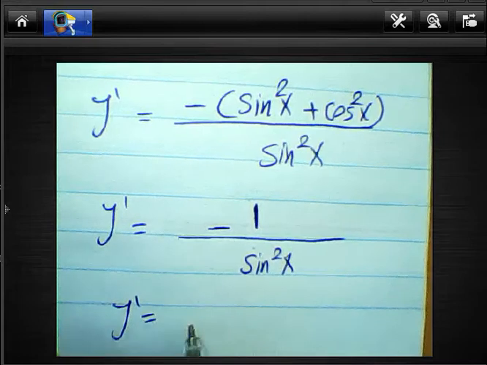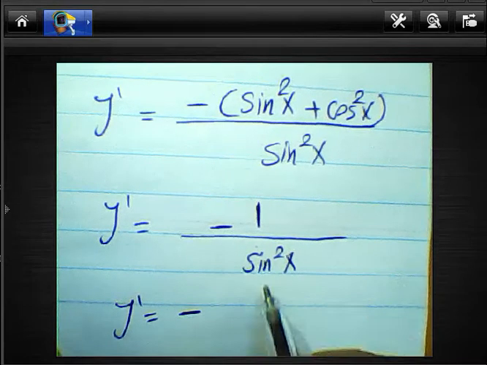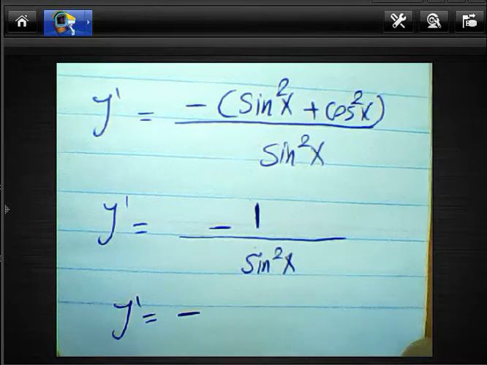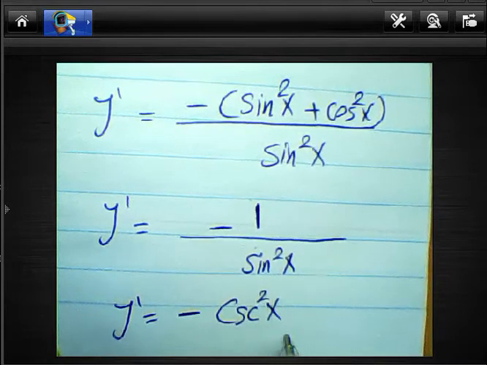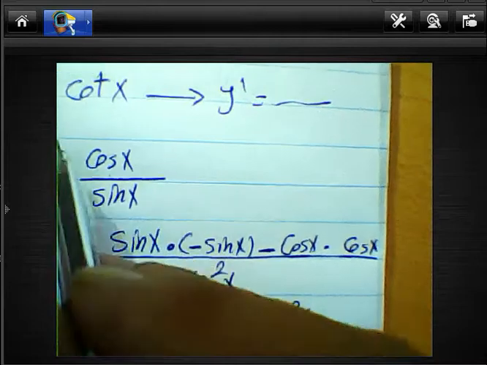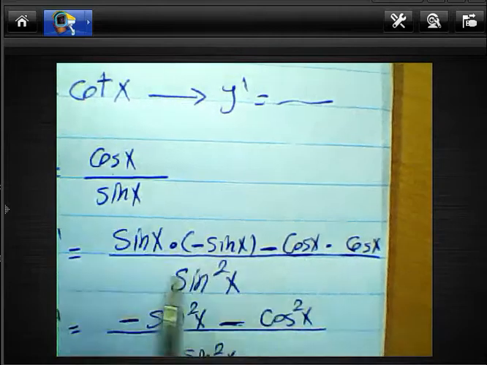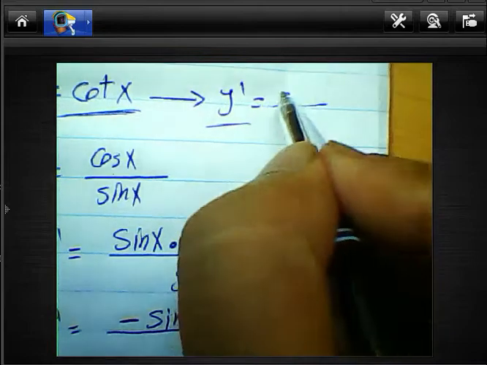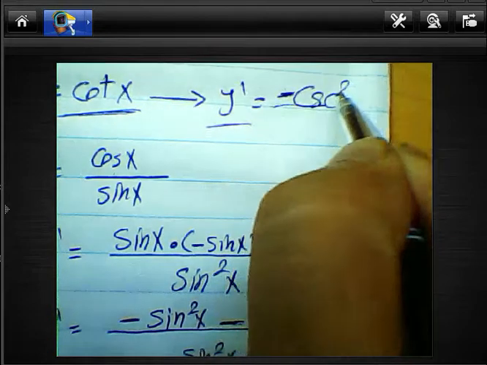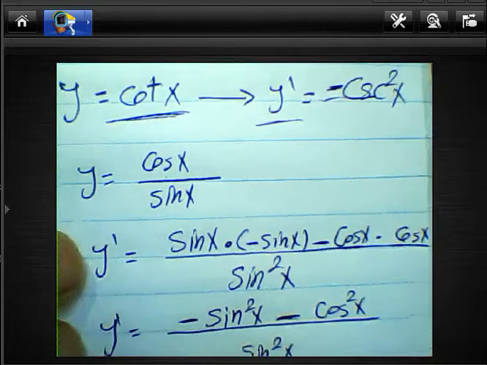So y dash equals negative what? We know the inverse of sine squared x is cosec squared x. So the derivative of cotan will be negative cosec squared x. It's okay.